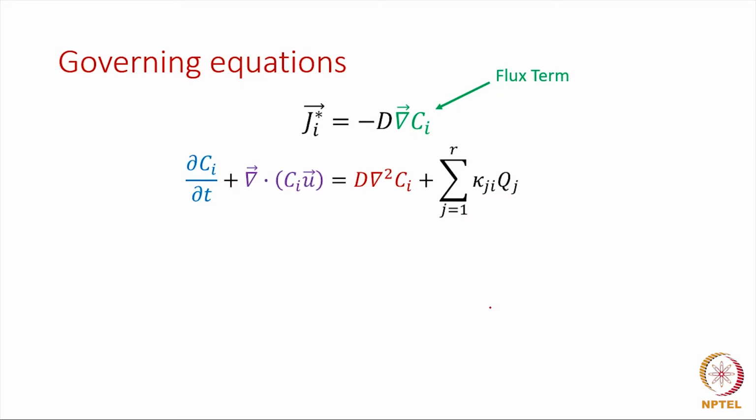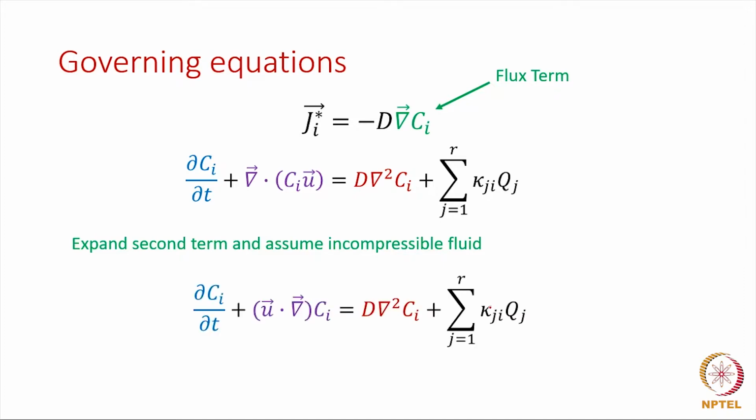The governing equation which we derived is given here with the 4 terms. So what we do is that the second term on the left hand side we expand, and then we assume that the domain comprises a fluid which happens to be incompressible.